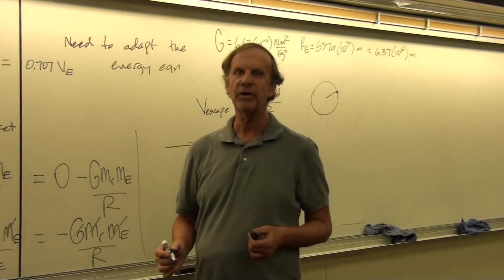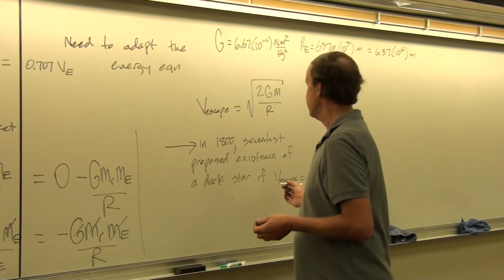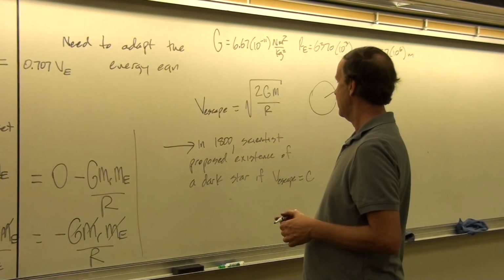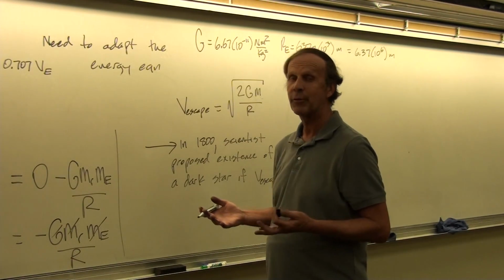Because at that point, light couldn't escape from the star. And so he said, well, then the star would just be dark. And so this, of course, is the condition now for what we call a black hole.